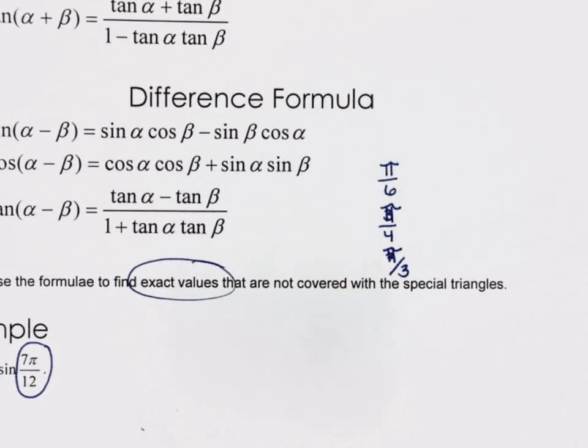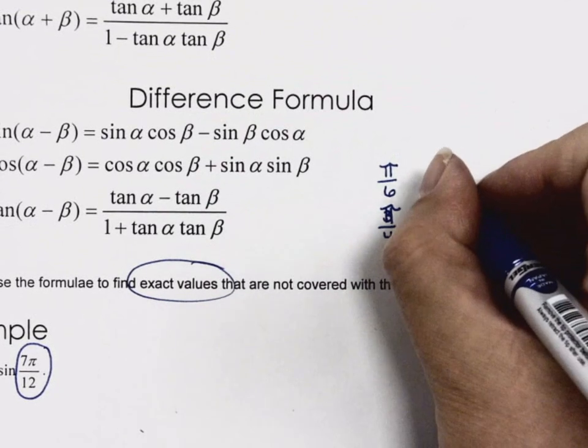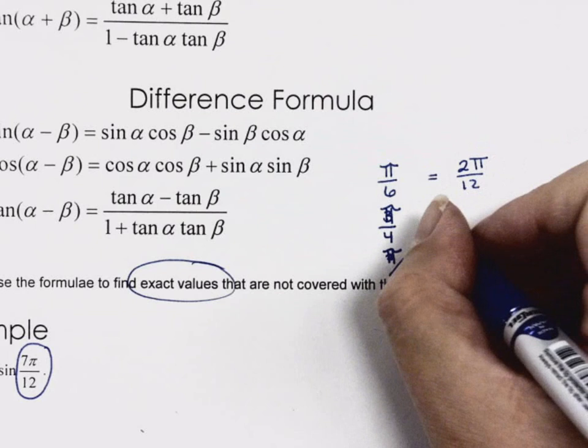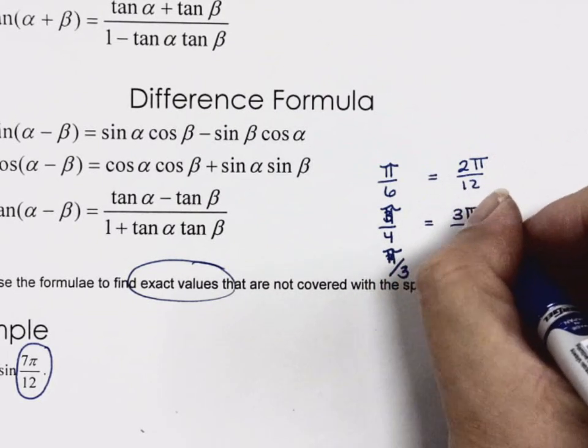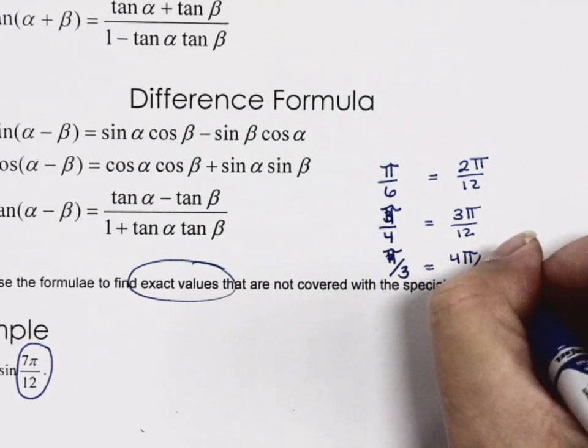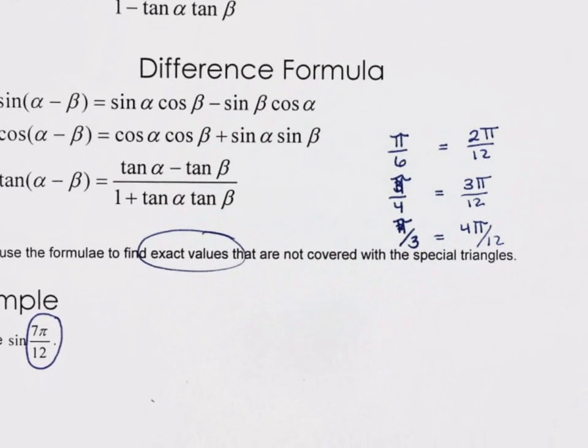So if I get denominators of 12, you guys would agree that that's 2 pi over 12, that one would be 3 pi over 12, and this one would be 4 pi over 12. Would you guys agree with that, just equivalent fraction wise?